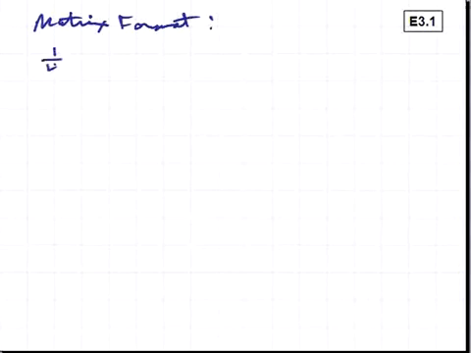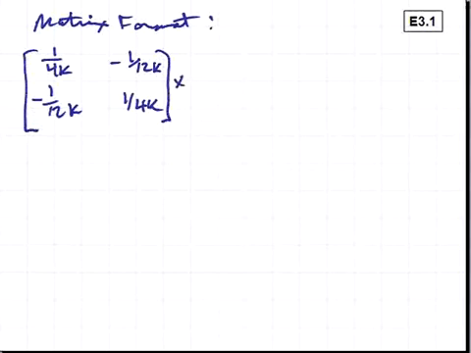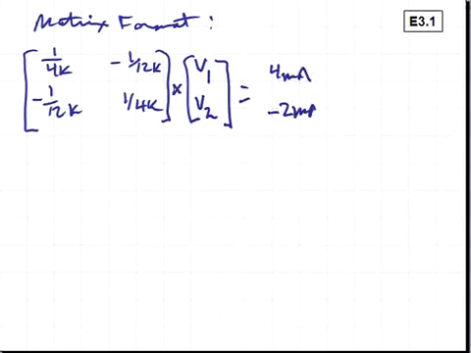So this will be 1 over 4K, minus 1 over 12K, minus 1 over 12K, and 1 over 4K, times the two unknown voltages V1 and V2, is equal to 4 milliamps and minus 2 milliamps.